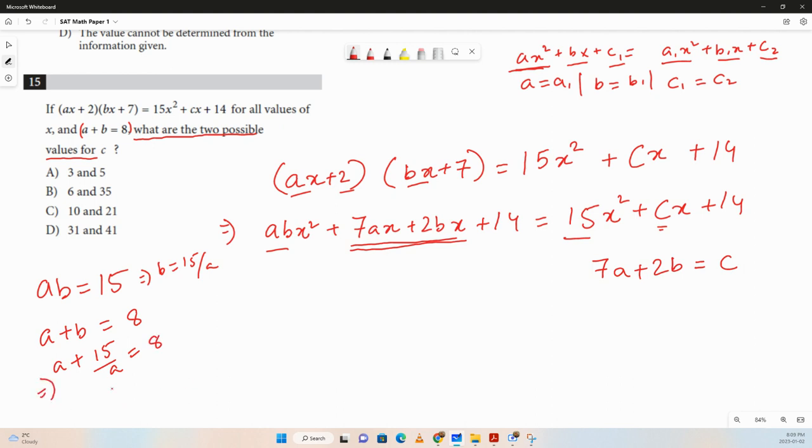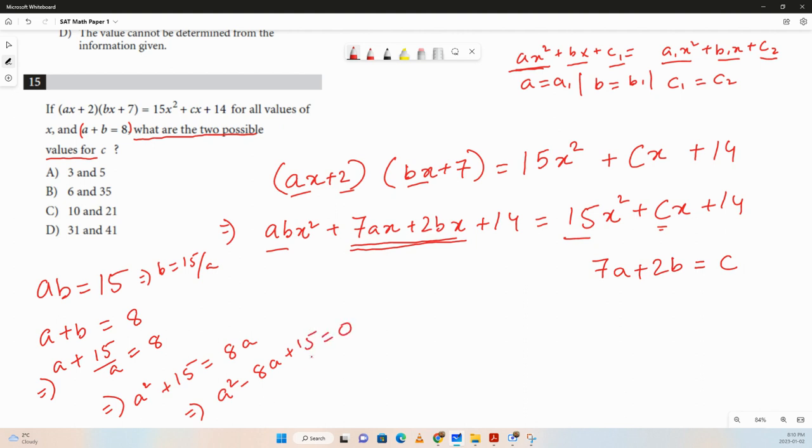We'll simplify again: a square plus 15 equals, cross multiplying the a, 8a. So from here we can write it as a square minus 8a plus 15 equals 0, right?